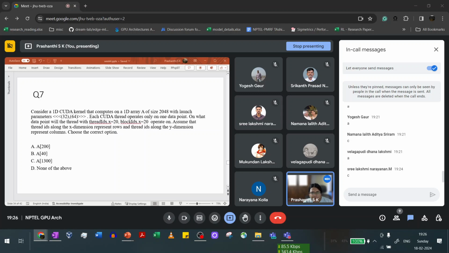Think about it. If you're given, let's say, block id x dot x, this is 1D, right? So it's very simple. Start out with block id x dot x equal to 0 and just a thread id x dot x, what would it operate on? Which element would it operate on? Then maybe go with block id 1 and think about what element it would operate on. I'll give you one more minute. If you're unable to, then we'll just discuss it.